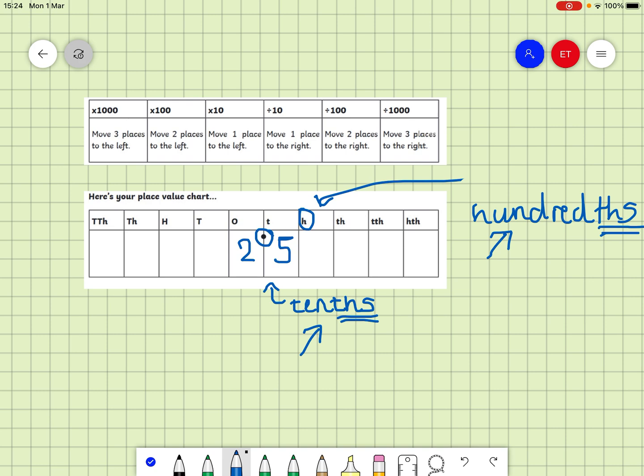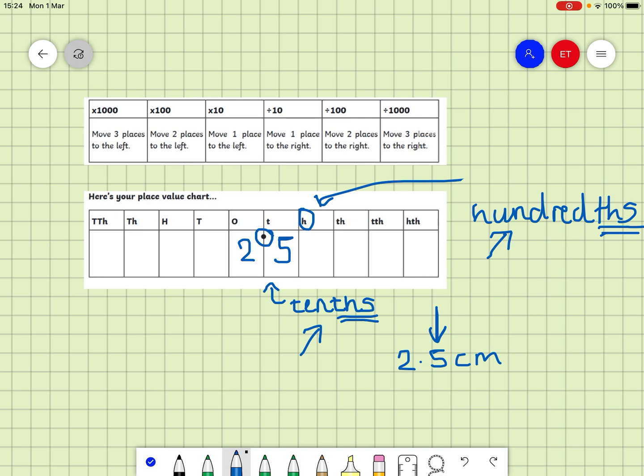Now let's put that into the context of measurement. You may measure something that is 2.5 centimetres, okay? That's why we need to have that place value after the ones, because some things have a unit of measurement that is less than 1.